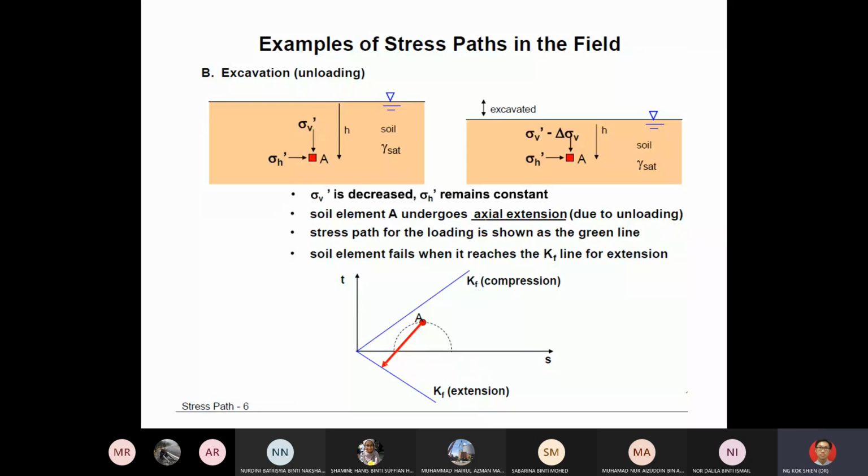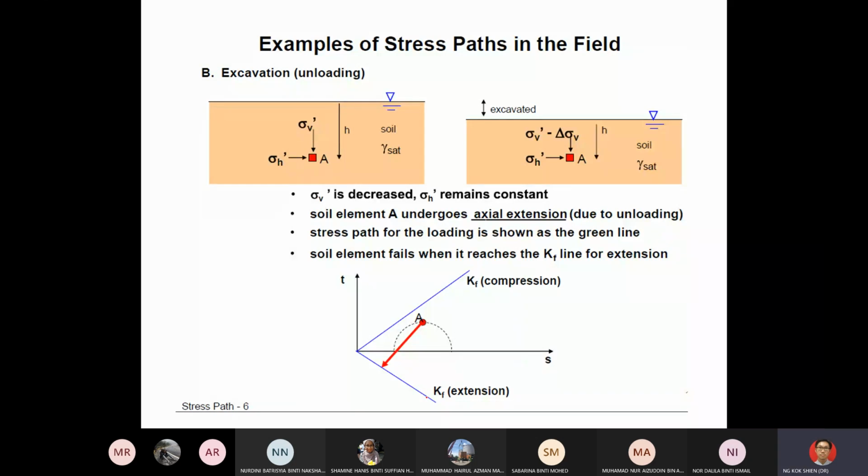Okay, kita cakap dia touch the extension line saja. The failure line is more to the compression because the soil itself has a very low tensile strength.